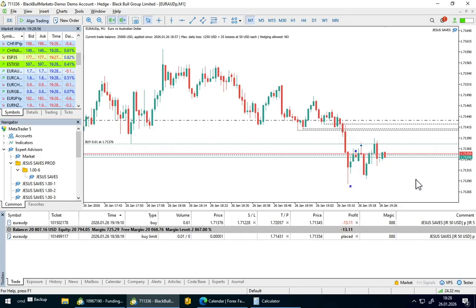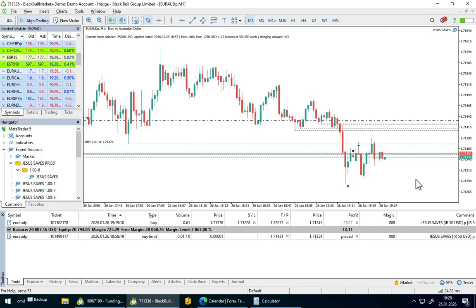It's always about levels, and the tool is working on the M1 time frame, and what you can do is draw levels manually so that you have a guess where the levels are, even when you are watching the price.